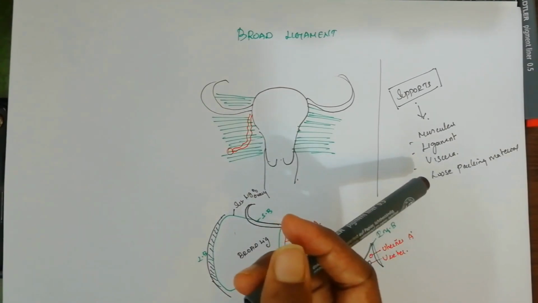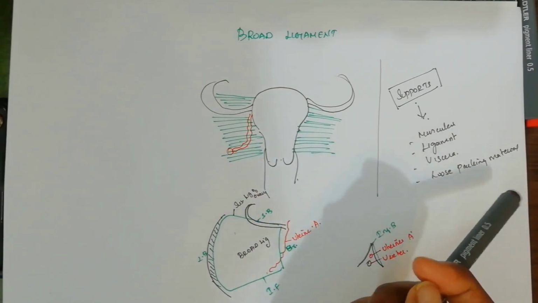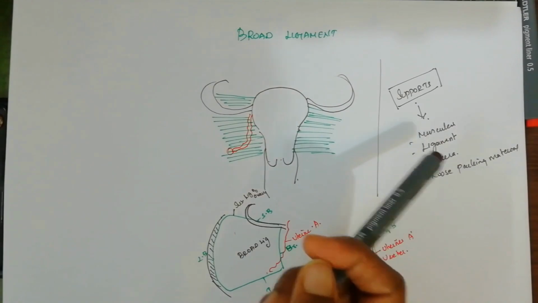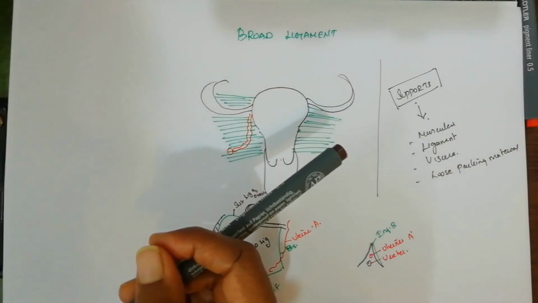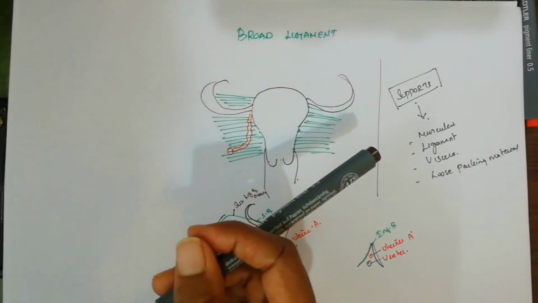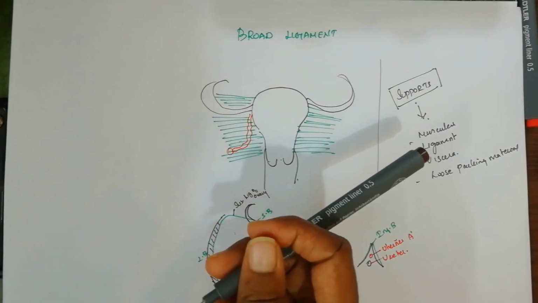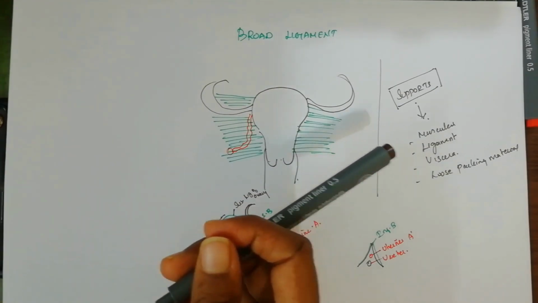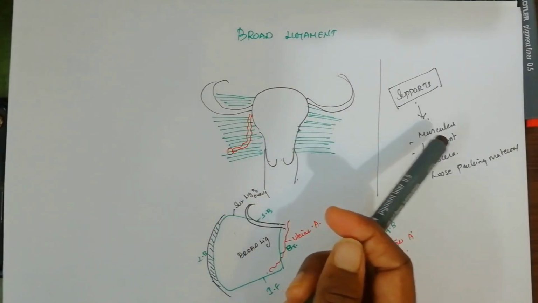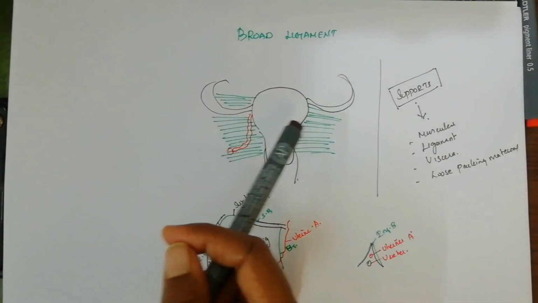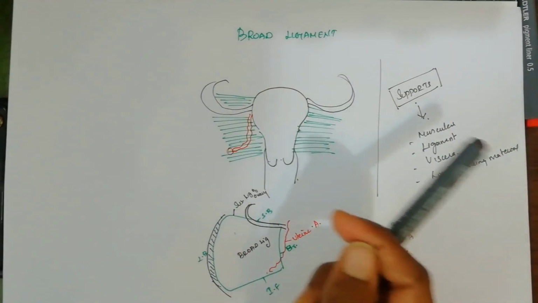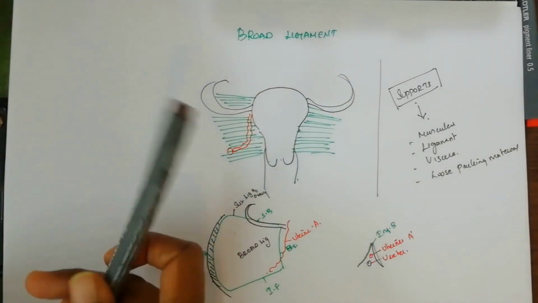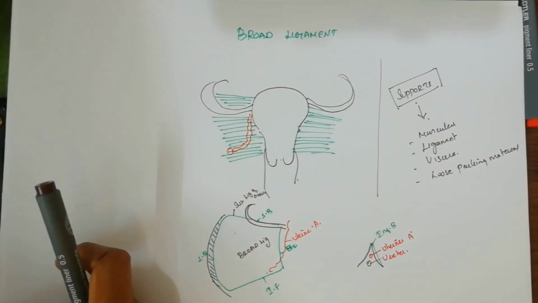And then we have the loose packing material, that is parametric tissue, which is fibroareolar tissue, and those tissues are an important factor for holding the uterus in proper place. So these are all the supports of the uterus. All muscles, ligaments, and surrounding viscera are responsible for holding it in proper position.